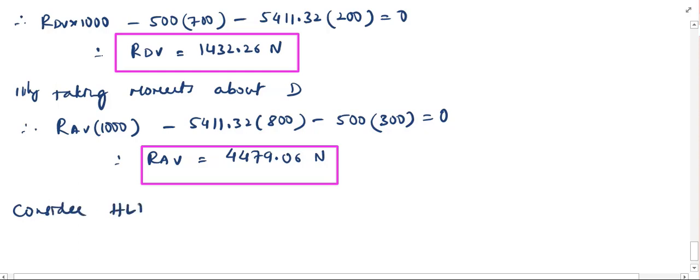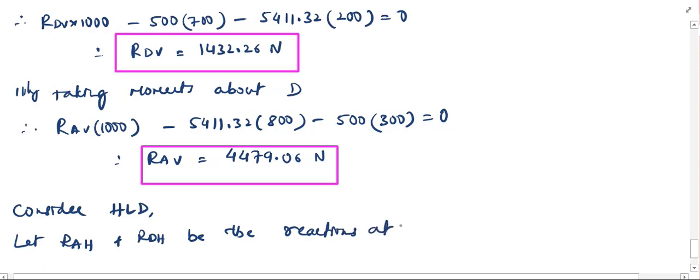Consider HLD, horizontal load diagram. Let RAH and RDH be the reactions at A and D respectively.